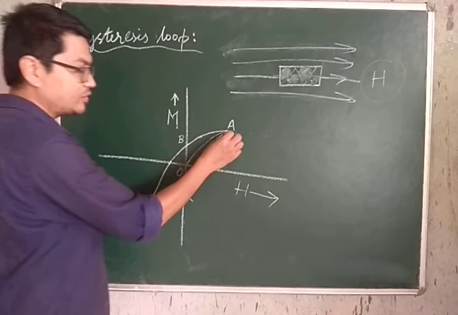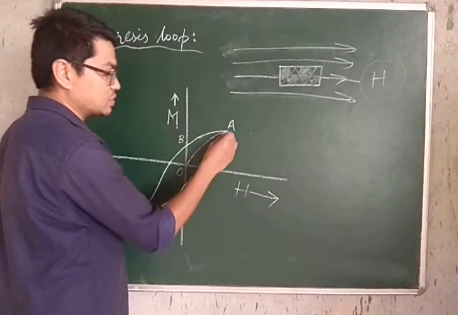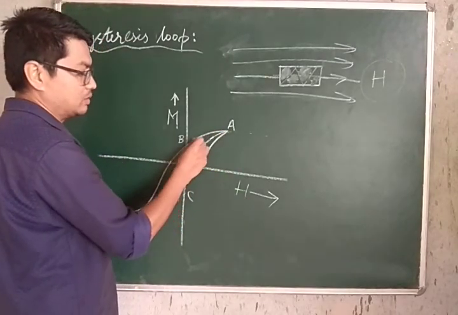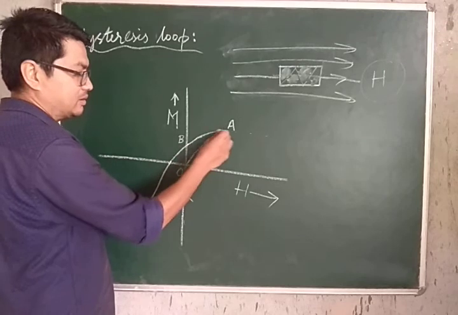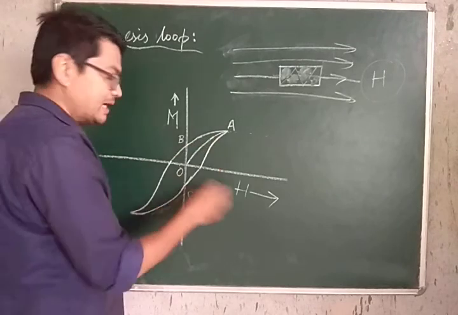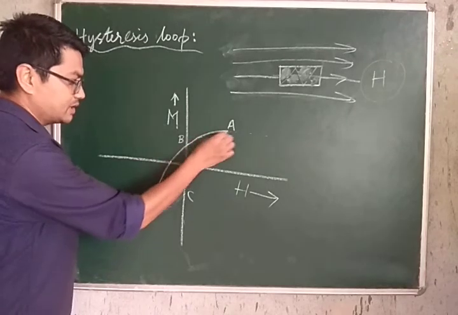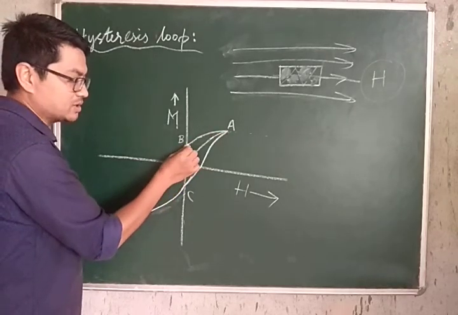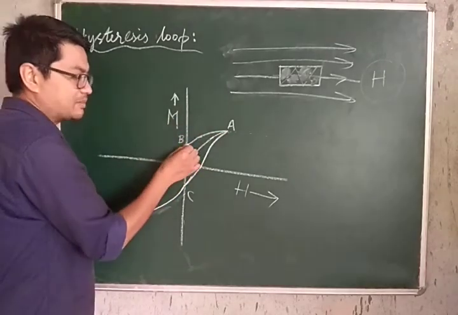So after it reaches saturation, again you decrease H, it is going to follow this path now, A, B, the same path it had followed previously. And you go on decreasing H. When H is 0 again, it retains some magnetic behavior.